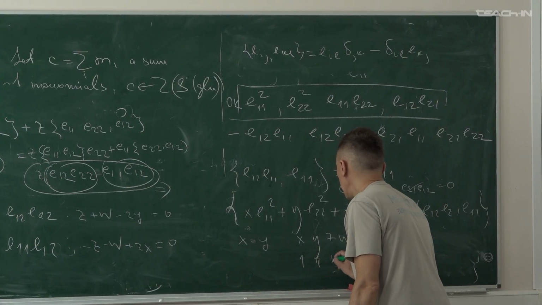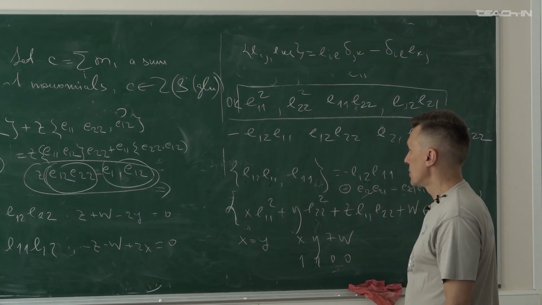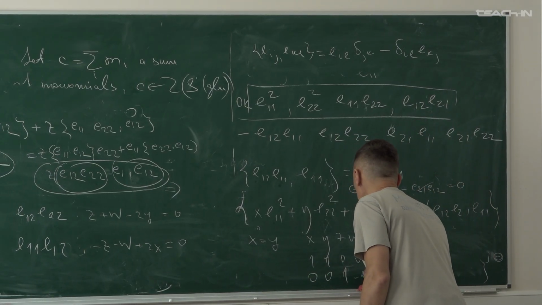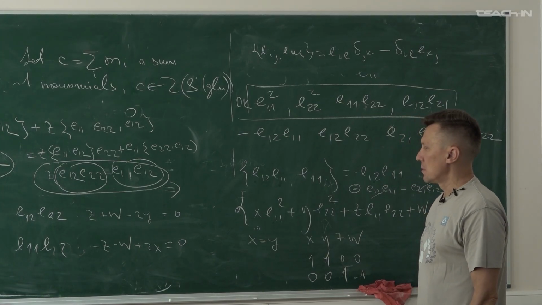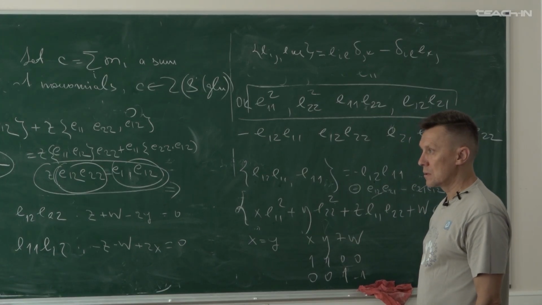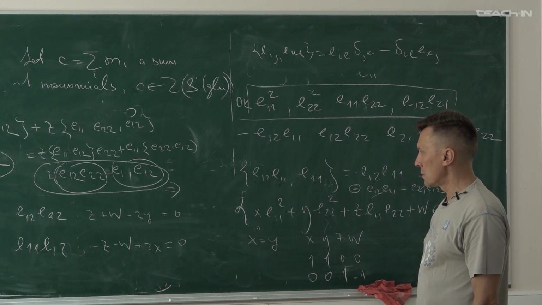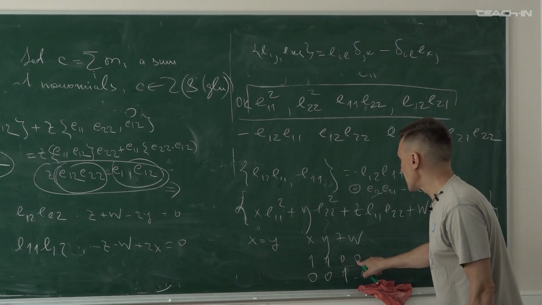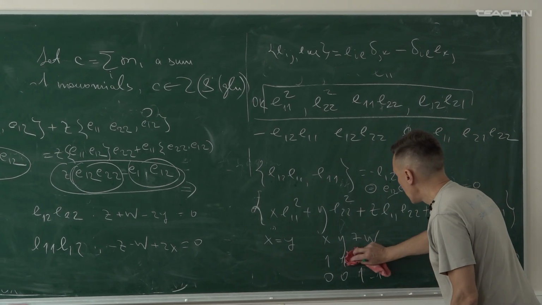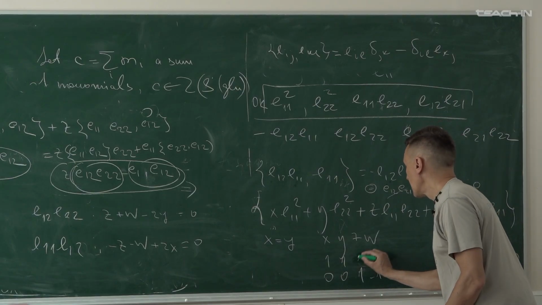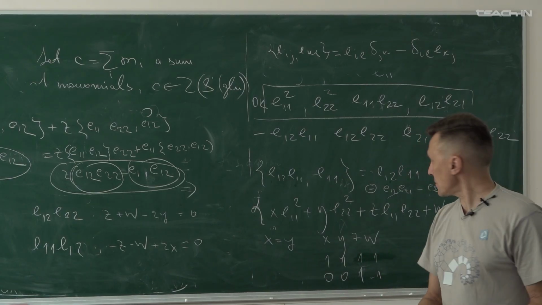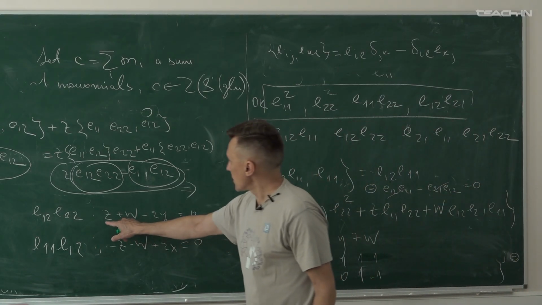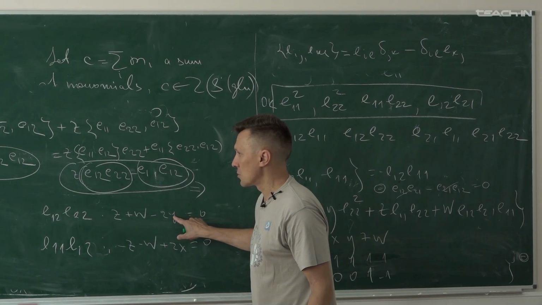1, 1, 0, 0. Is it a solution? I think yes. 0, 0, 1, minus 1. Is it a solution? I think no. If you put x, this is not a solution. We should have 1, 1. But the second one is not a solution. z, w: 1, minus 1, 0.